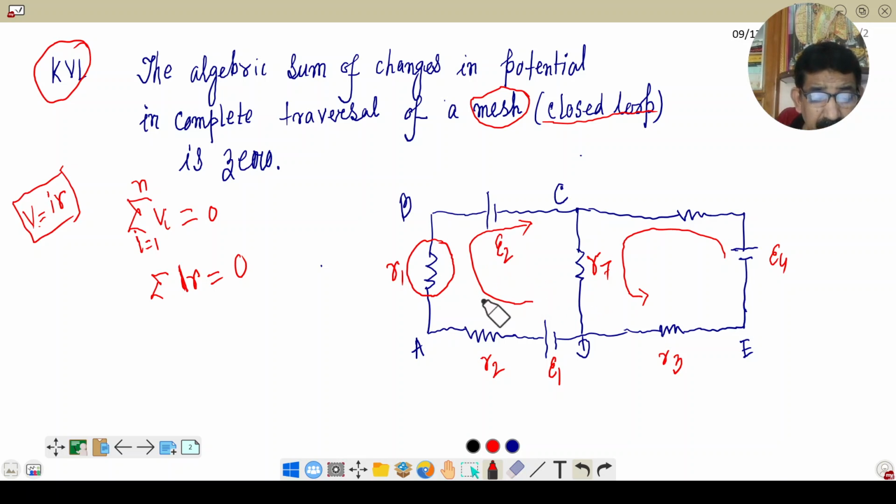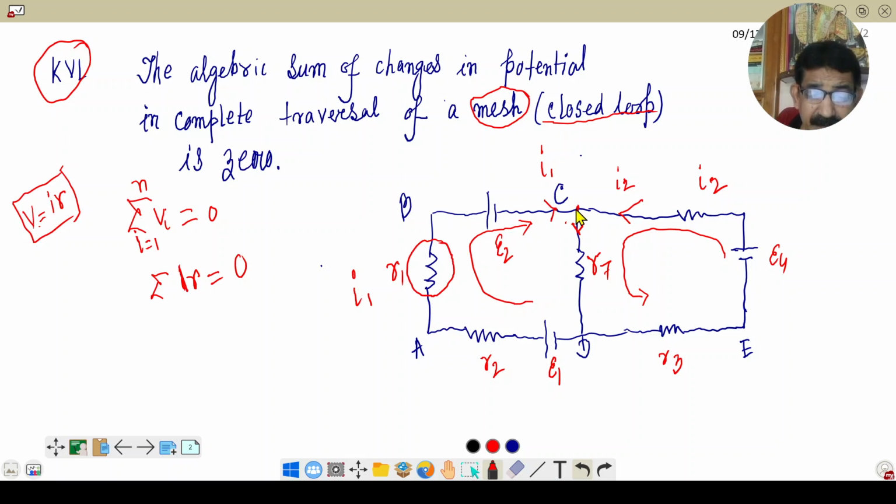So suppose this is a loop and current I1 is flowing along this direction, and current I2 is flowing along this direction. Now, at this junction, current I1 is coming here, and current I2 is coming from this point. Those two currents are coming here. So this is the junction, and the current incoming is equal to the current outgoing.